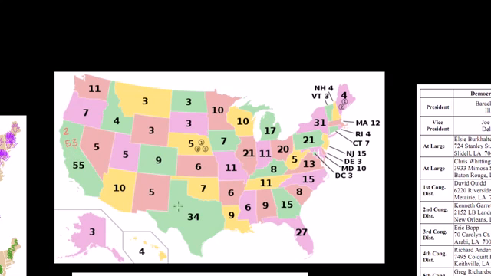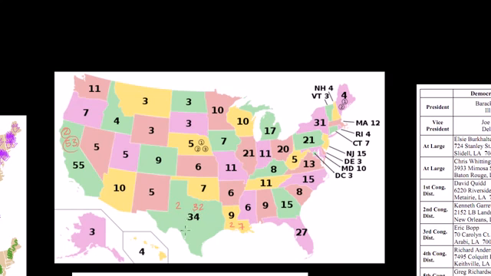You have Texas, 2 senators, and it has 32 representatives. You go to Louisiana, you have 2 senators, and you have 7 representatives. So the electors per state is based on the total number of congressmen, so the number of senators plus the number of representatives. That's what gives us 55 in California, 9 in Louisiana, 34 in Texas.